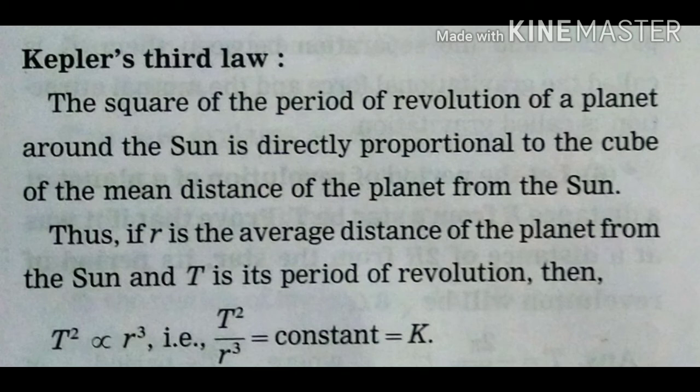Thus, if r is the average distance of the planet from the sun and T is its period of revolution, then T squared is proportional to r cubed, that is, T squared upon r cubed is equal to a constant.